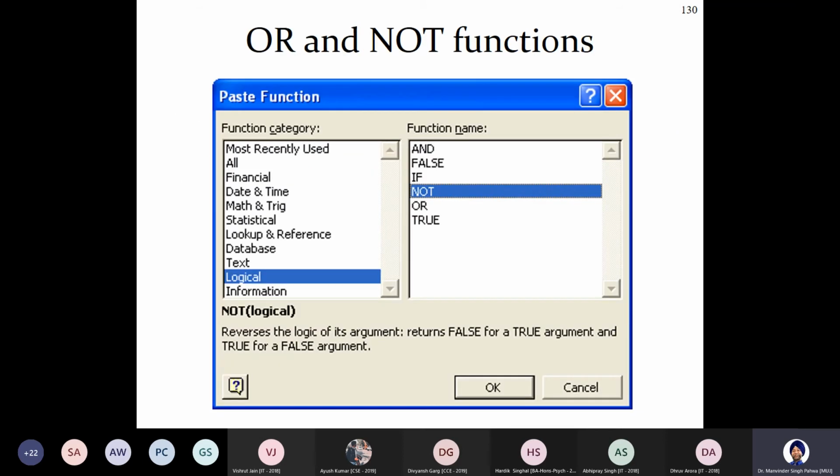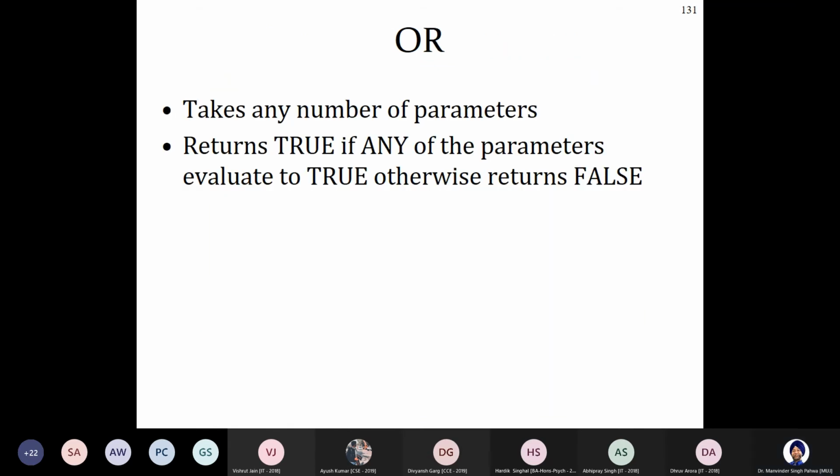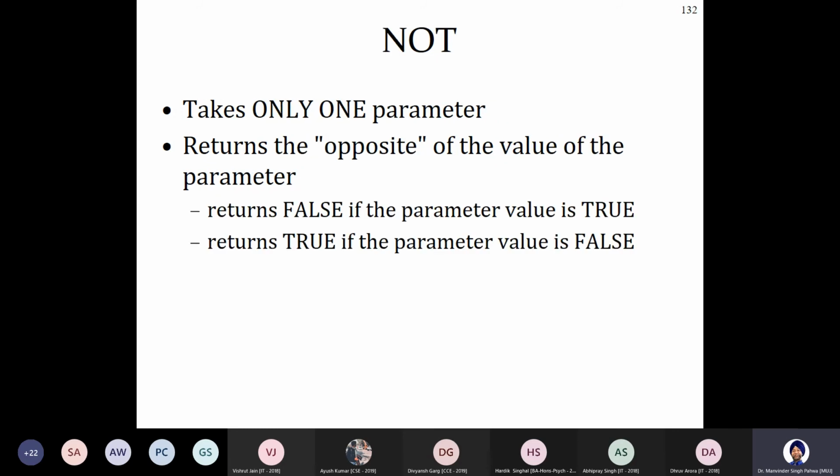The NOT function is just the opposite of OR. The OR function also can take any number of parameters. It returns true if any of the parameters is evaluated to be true. Otherwise, if none is correct, then it will be false.